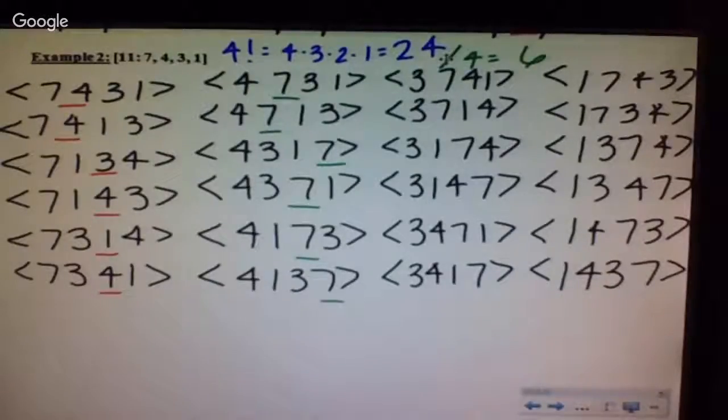Your third column, this first one's a 4, then a 1, then a 7, 7, 7, 7. So we should have 4, 1, 7, 7, 7, 7.